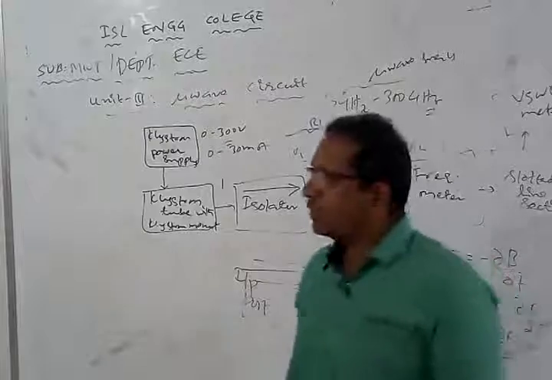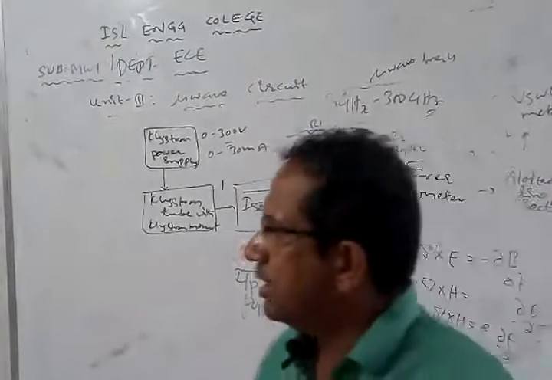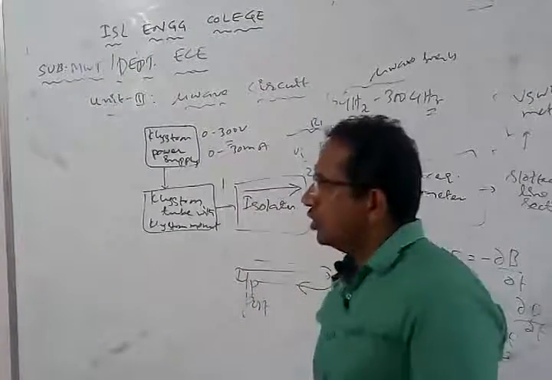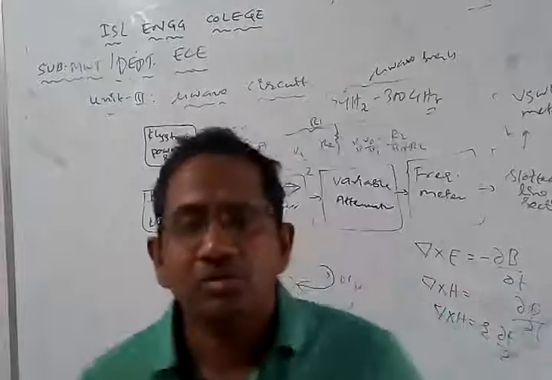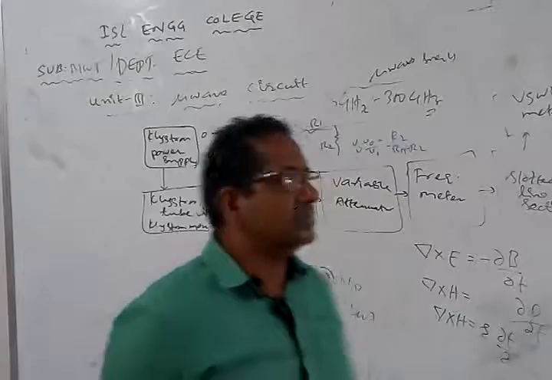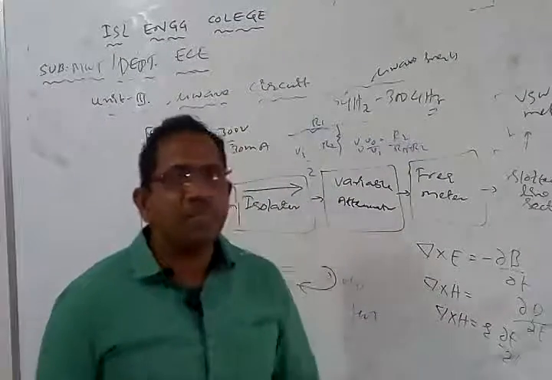What components are we going to use? We will use a circulator, E plane T, H plane T, directional coupler, tunable probes, and magic T. All these are the various components of the microwave system, and using those components we process the signals.